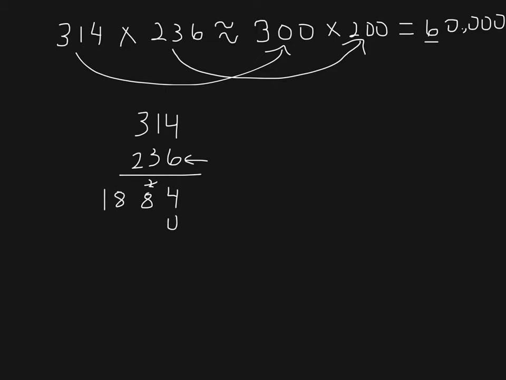Now I'm going to move over to this 3, which is actually a 30, and that's why I put a 0 in the ones place. 30 times 4 is 12 tens, so I'll put down the 2 tens and carry 1 hundred over here.